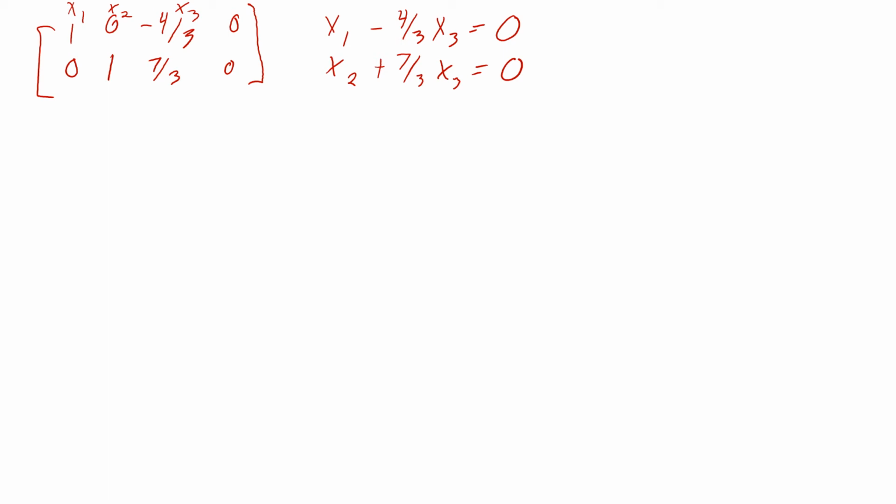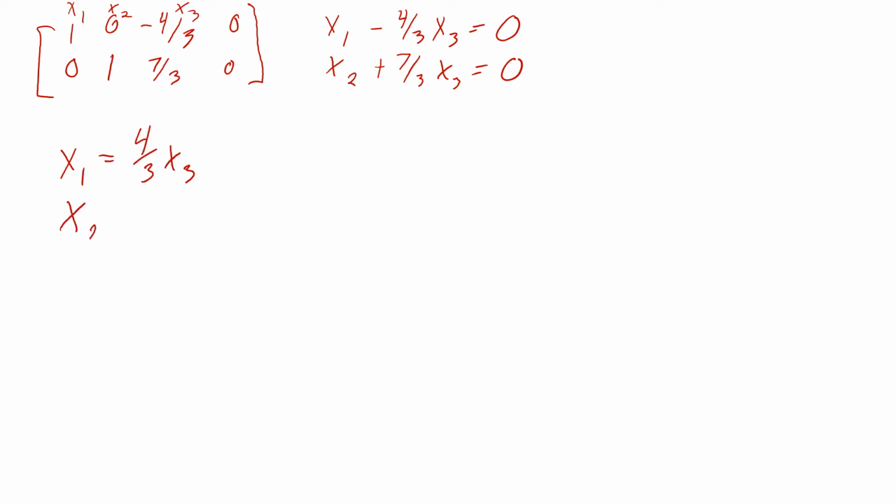So what does this look like exactly? Well, let's take this one step further and figure out if we can write this slightly differently. If we rewrite this equation, what do we get? We get that x1 is equal to 4 over 3 x3.